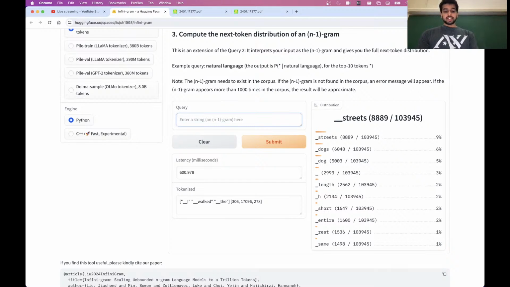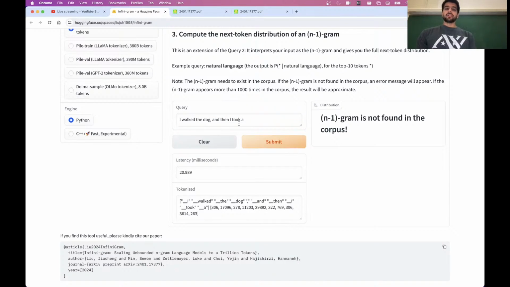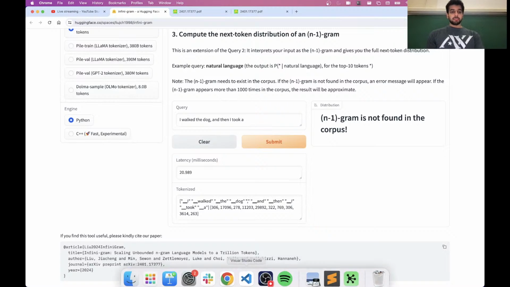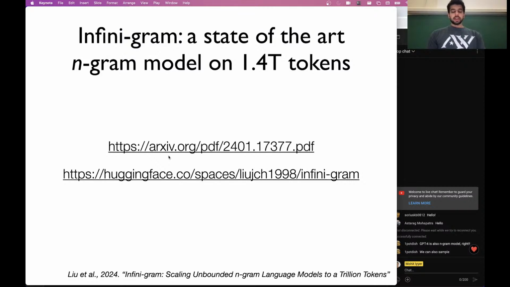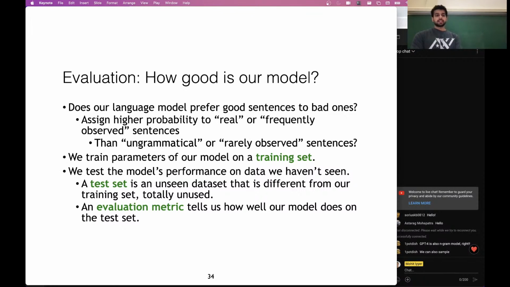But I could probably try something much longer. "I walked the dog and then I took a..." Oh yeah, this doesn't occur. So we actually see some of the limitations of these n-gram models here. But if you're interested in this, please take a look at the paper and the demo that are linked on the slides.